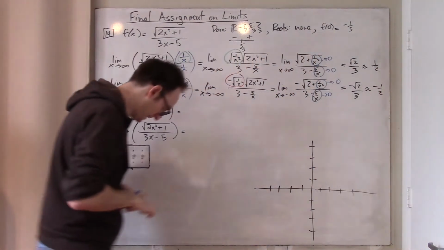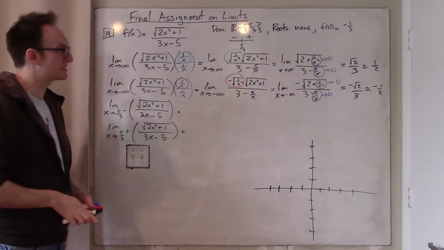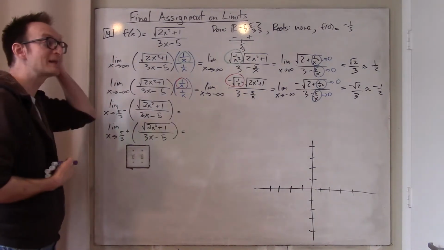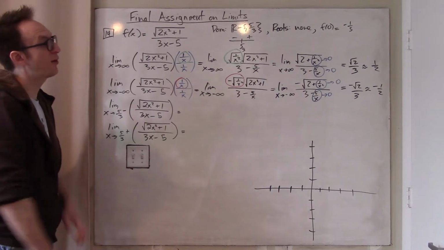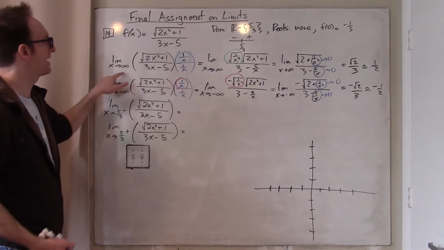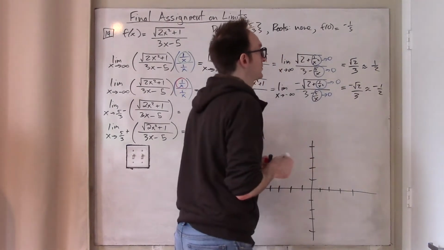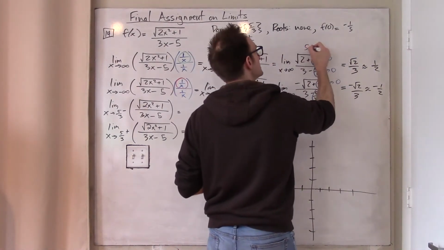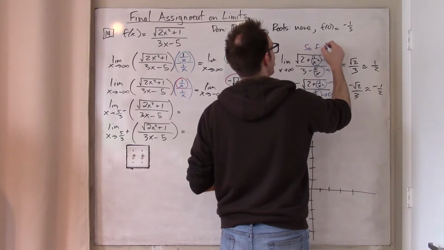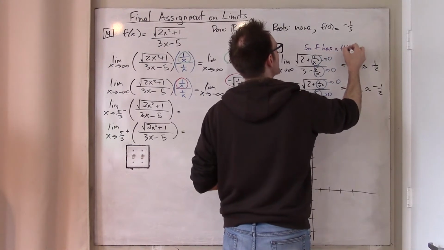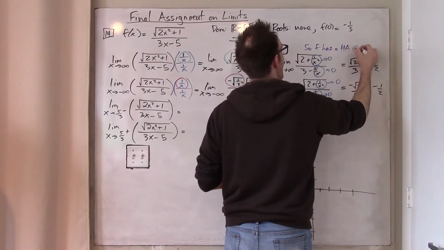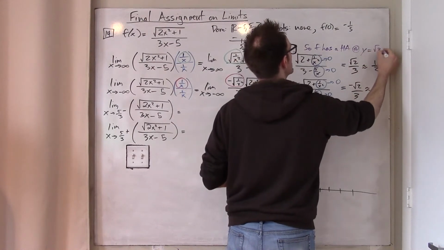And now, in a new color, like purple or something, I will squeeze in that the very definition of horizontal asymptotes is that the end behavior is that number. So after concluding that this is 1/2, I could say something like, so f has a horizontal asymptote at y equals root 2 over 3.